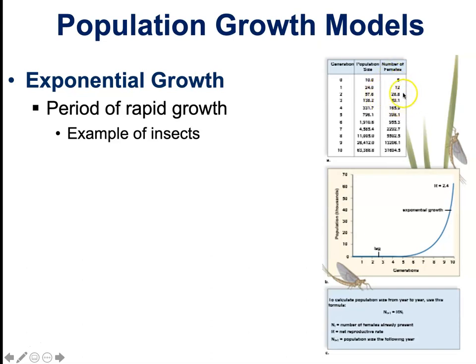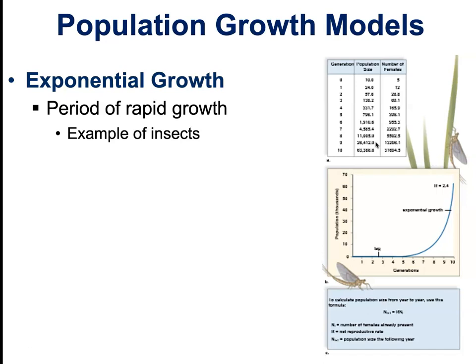The cycle after that will have 30, then 62, then 82, then 165, then 3,000, then 9,000, then 22,000, then 55,000, then 132,000.